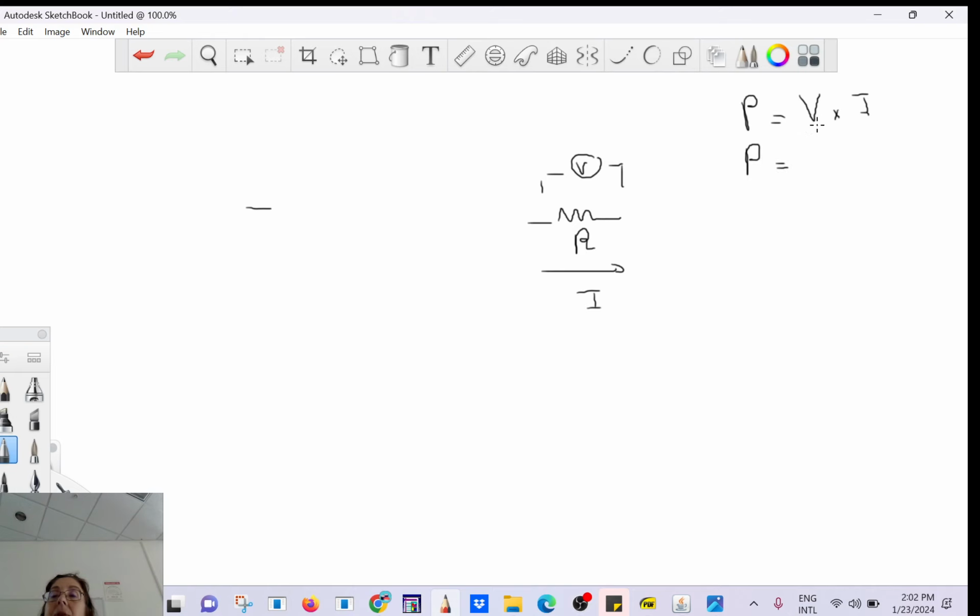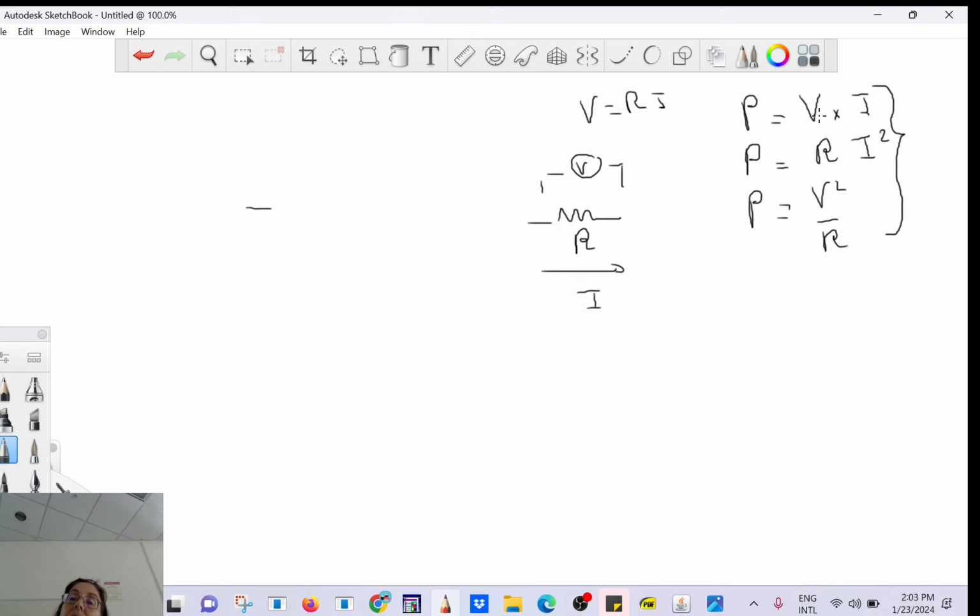If you take V times I, and you know that V equals R times I, which is Ohm's law, then playing with those two equations, you see that the power, meaning the energy consumed by the resistance every second, is equal to R I squared, or you can say V squared over R. So those three equations are true for resistance.